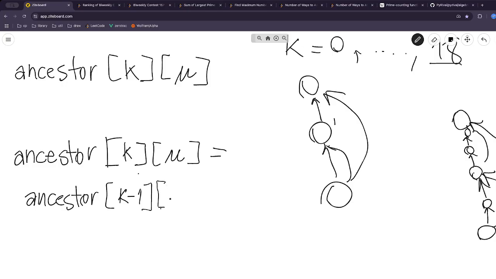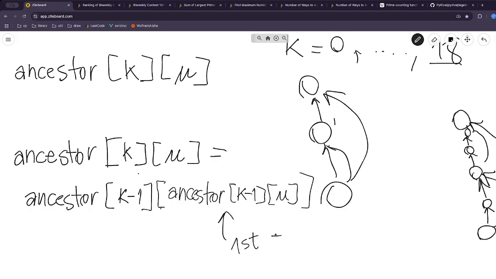But instead of doing the second jump from u, we do the second jump from the ancestor of k minus 1, of size k minus 1. We want to half the jump from u. So this will be the first jump, right? We jump from u 2 to the k minus 1.